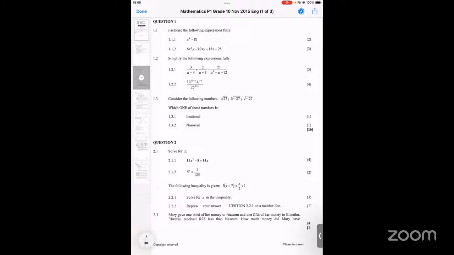Something that you need to remember, Deboho, is that when you have a maths problem, as long as it does not have an equal sign, it means it is an expression. Only if it has an equal sign, it means it's an equation, then you solve. But in this case, because it's an expression, you can simplify.